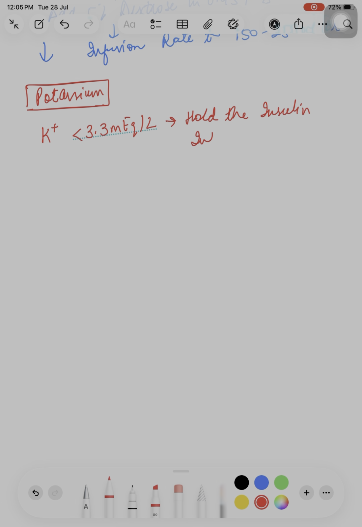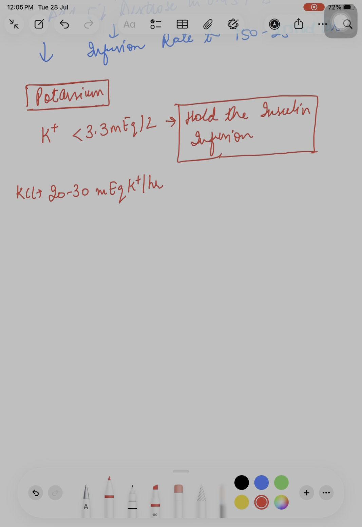You have to remember, you have to hold the insulin infusion, right? If you are holding the insulin infusion, you have to correct the potassium. So you have to give KCl 20 to 30 milliequivalent of potassium per hour. What this means is, you have to give 20 to 30 milliequivalent of potassium in 1 hour.